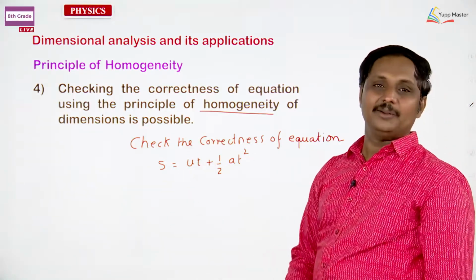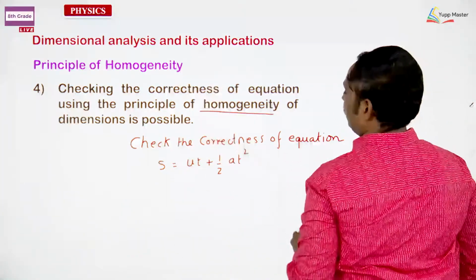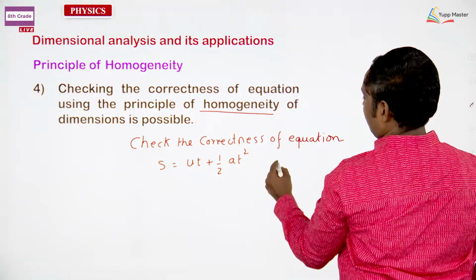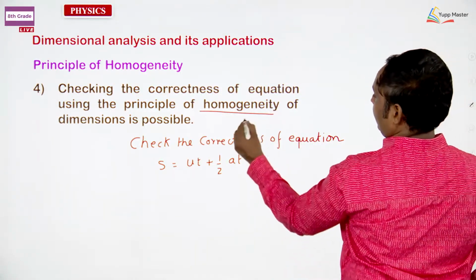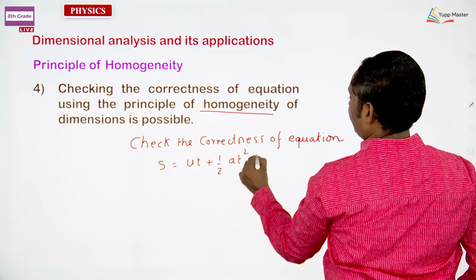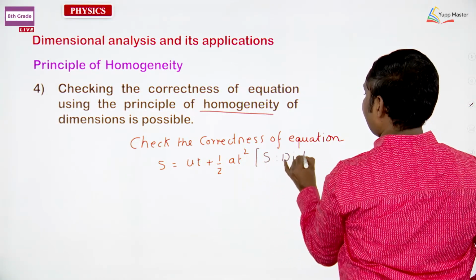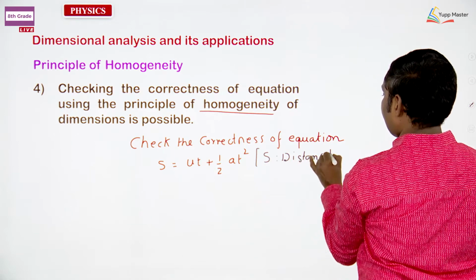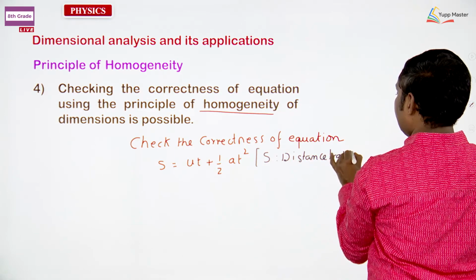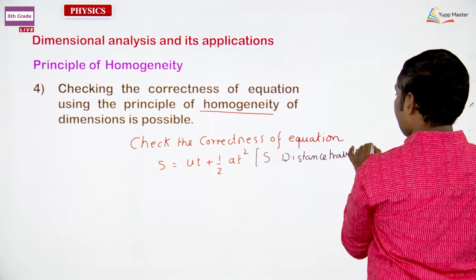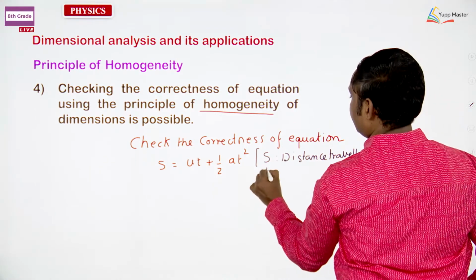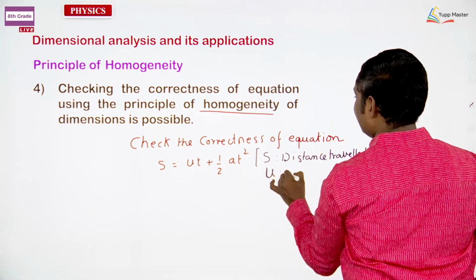The distance travelled by the body. You have to write down here that S is the distance travelled, and u is the initial velocity.